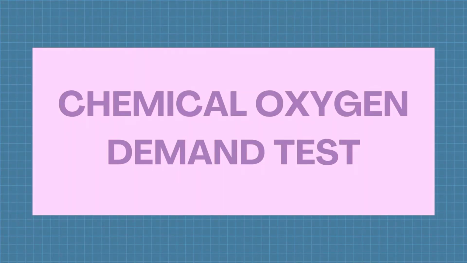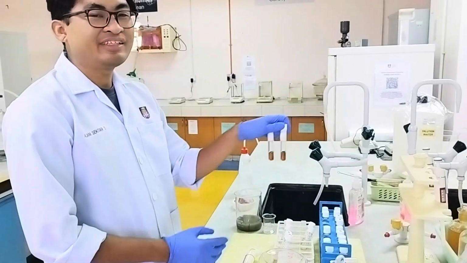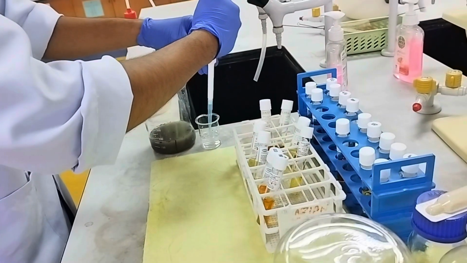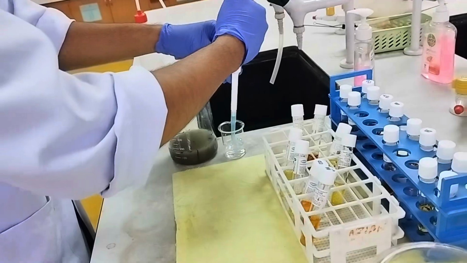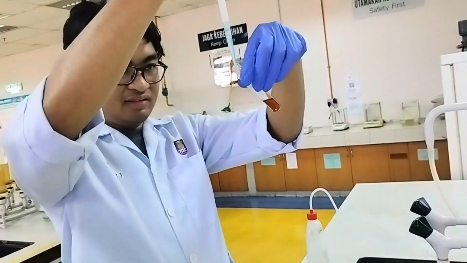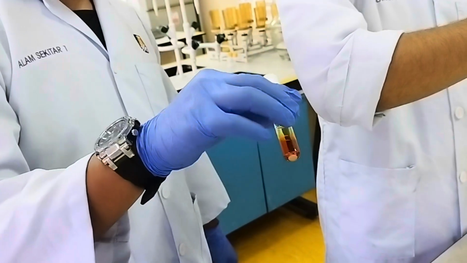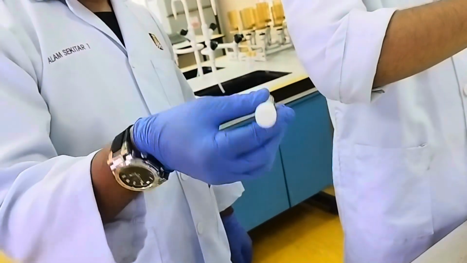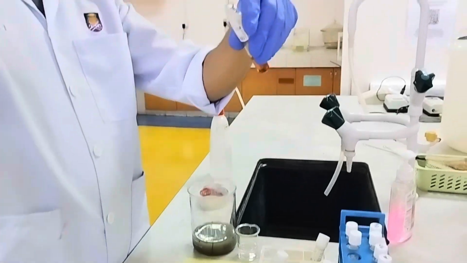Next, chemical oxygen demand test, COD. Firstly, prepare the blank for the experiment by adding 2 ml of distilled water and COD high range reagent by sloping the test tube about 45 degrees. Then carefully invert the test tube so that the reagent can do its work.